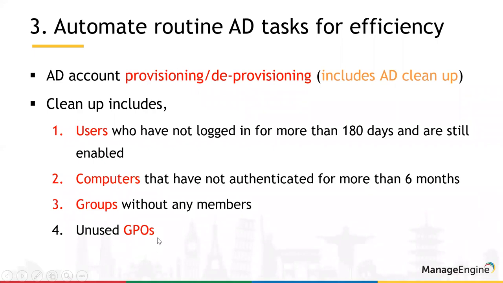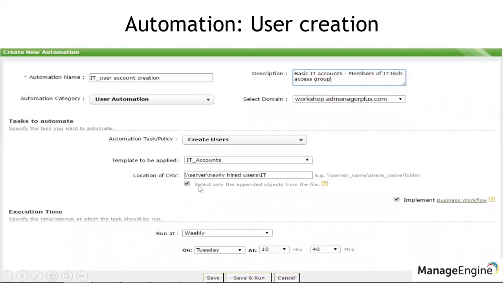If you have unused GPOs, please clean them up, okay? And automate the process. Why spend time doing this manually when you can automate the process? So AD Manager Plus can help you automate 3 primary tasks: onboarding users, offboarding users, cleaning up your AD and O365. And I'm just going to give you a quick example of all that.